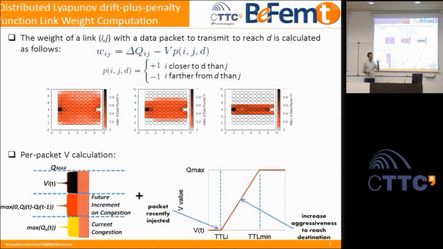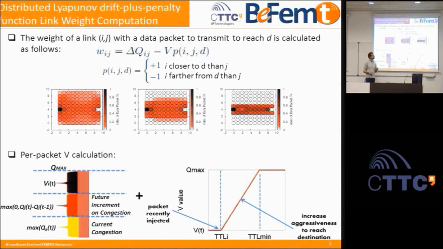This delta Q is the Q differential between the queue backlog of the local node taking the routing decision and that of each of the neighboring nodes. So we have such a delta to build a different weight for each of the links. This is the backpressure component of our routing scheme. Then we have a second component, the function P_ij^d, which provides the geographic component.